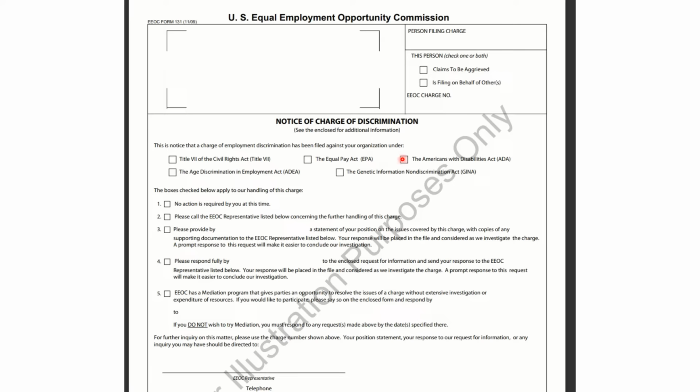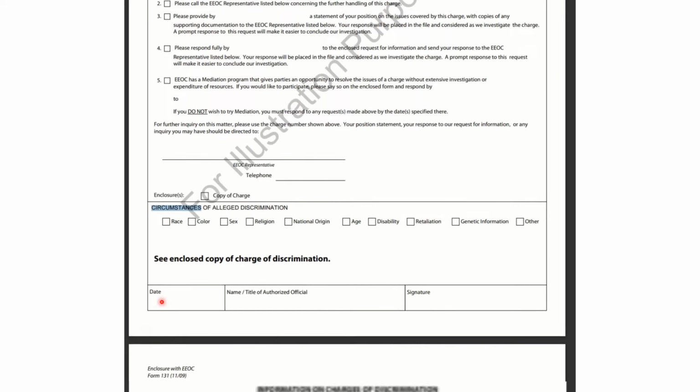If each box is applicable, then you would check each box. Let's go to the next set of boxes. You want to check each box that is applicable to your situation. Here, the circumstances of alleged discrimination. It is really critical that you check the boxes that are applicable to you.